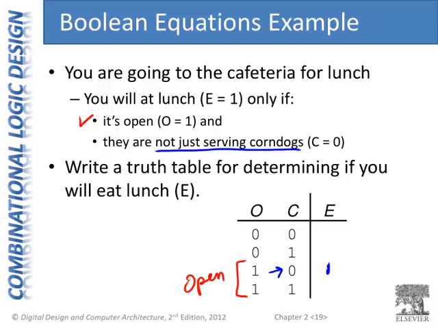In this case down here, it's open, but they're only serving corn dogs, so not going to eat. In the cases above, not even open. Somehow in this case, not open, and they're serving corn dogs, so maybe they're in the back having a corn dog party, but it's not open. So not going to eat in those cases.